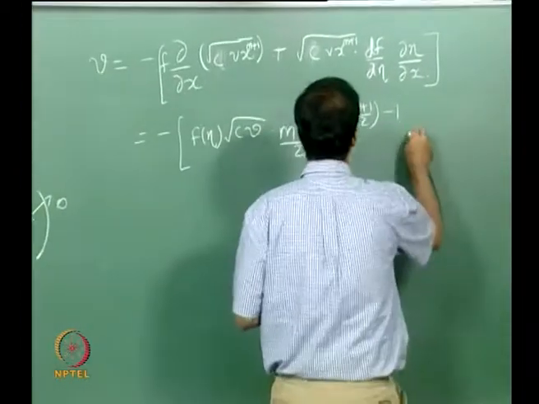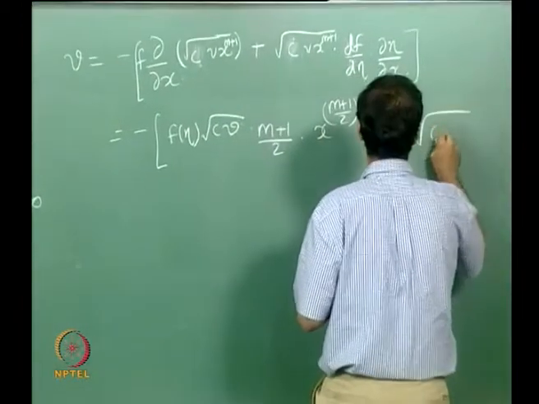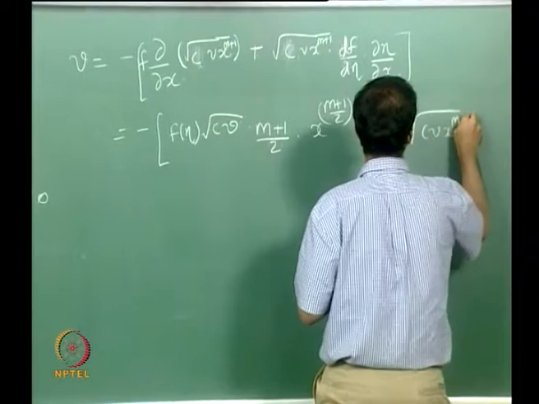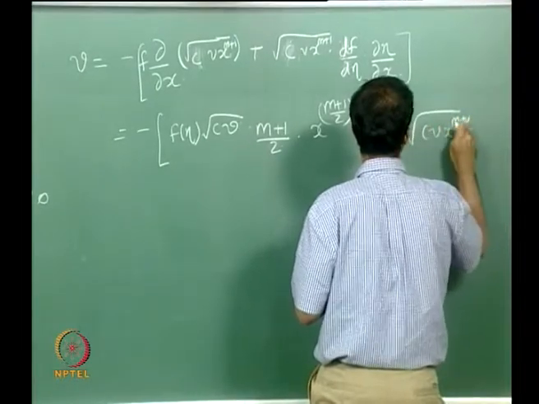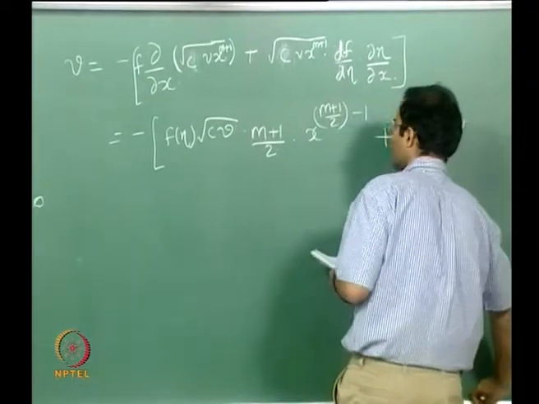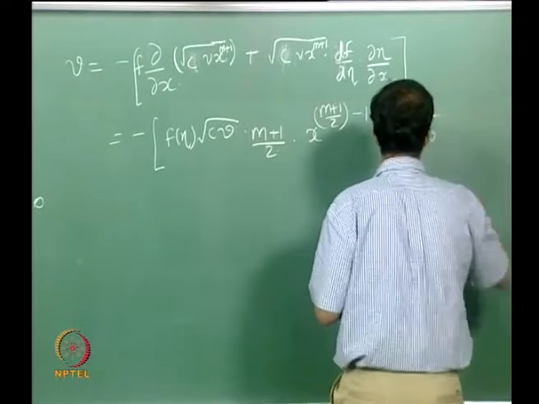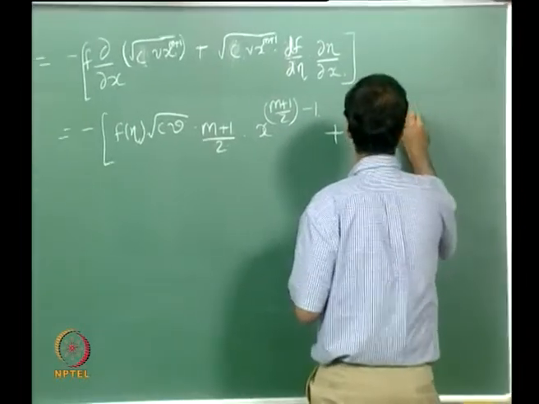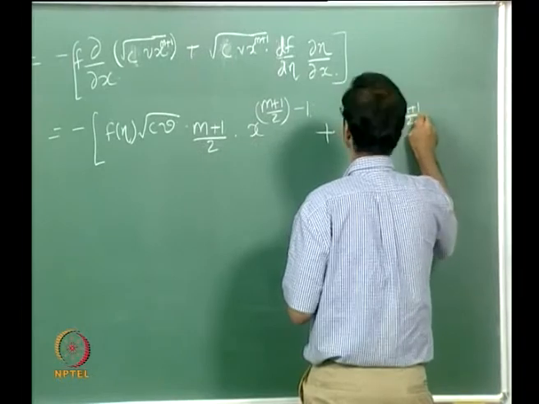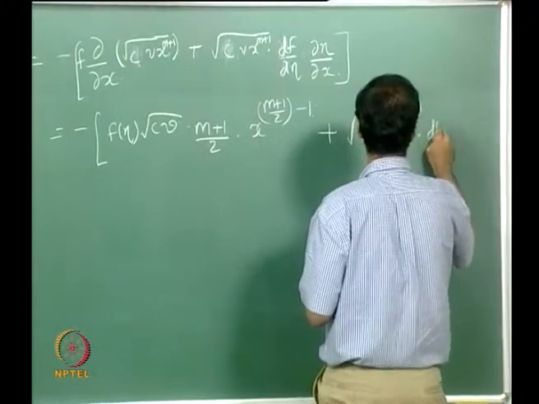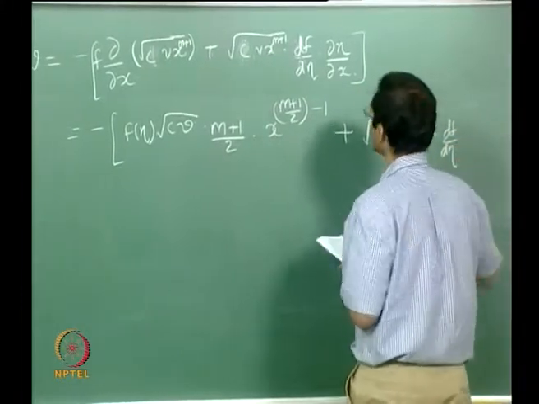So then plus you have square root of C nu x power m plus 1, so you can also write this as square root of C nu into x power m plus 1 by 2 into df by d eta into d eta by dx.